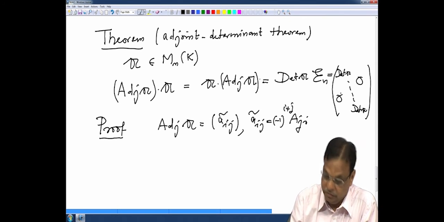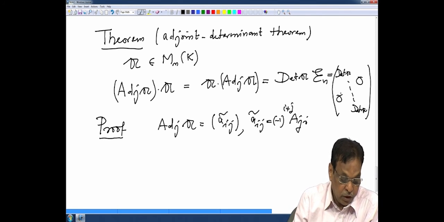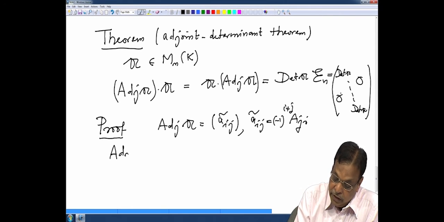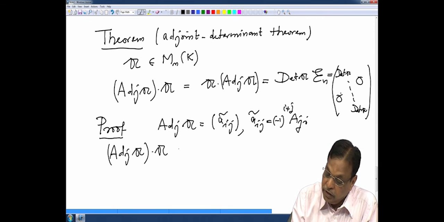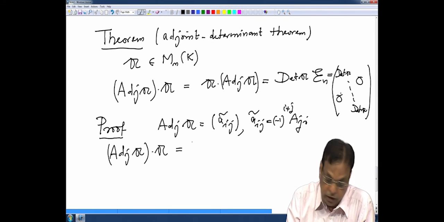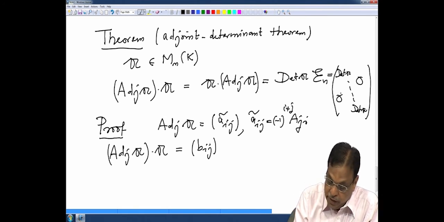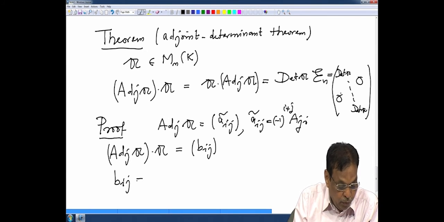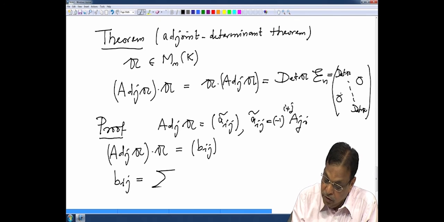So, what is the product adj A times A? This product is again an n cross n matrix, so let us call it Bij. And how is Bij computed? Bij will be equal to summation over k equal to 1 to n.